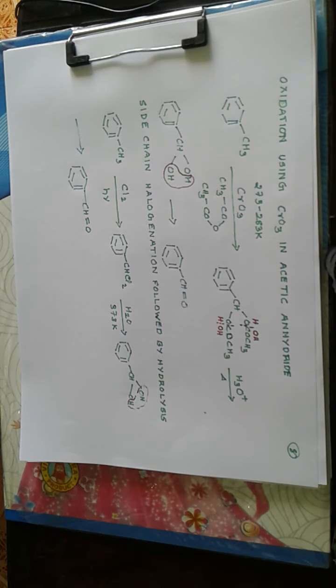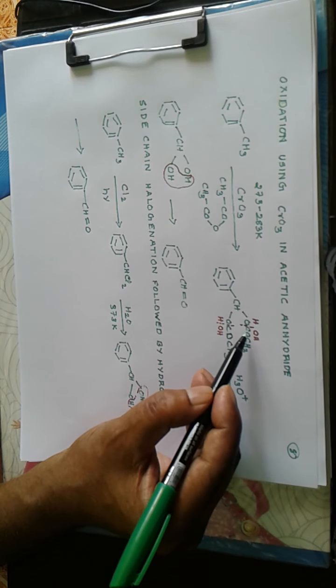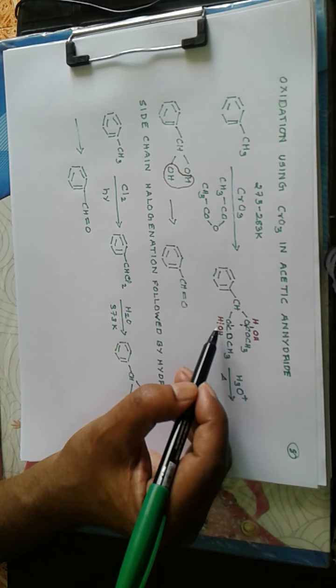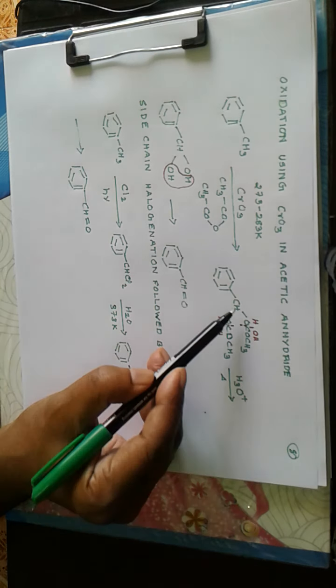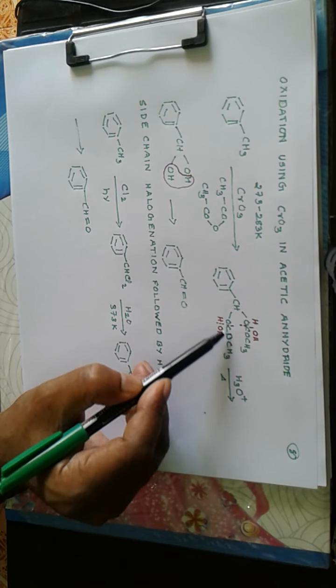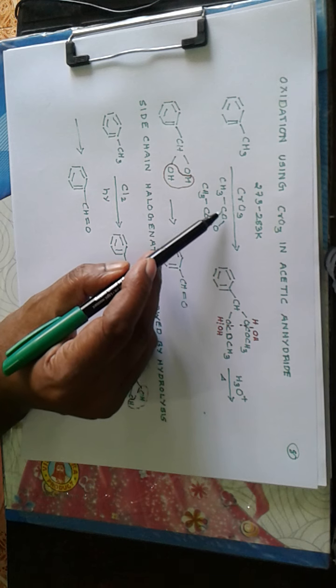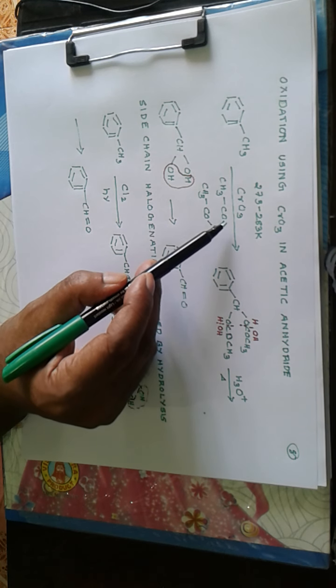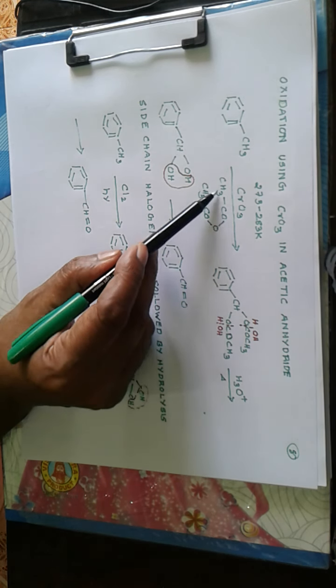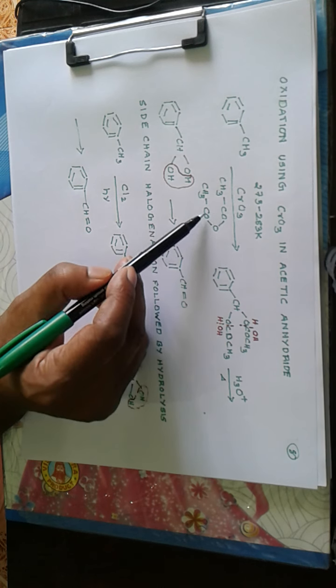Now oxidation using chromium trioxide in acetic anhydride, the temperature used is 273 to 283 Kelvin. Now CrO3 is the oxidizing agent. We get a diester, CH(OCOCH3)2, because this acetic anhydride contains two CH3CO parts.